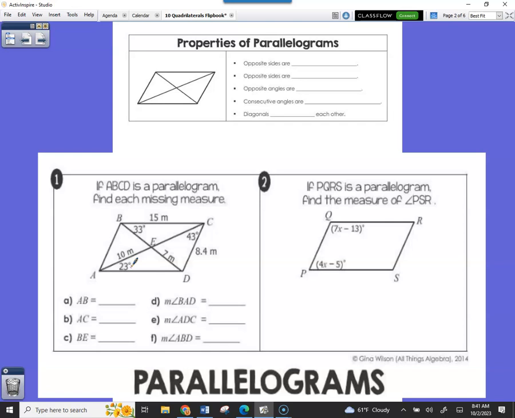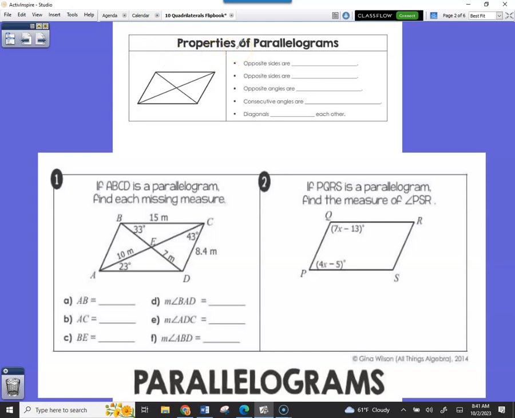The shape parallelogram encompasses what we're going to talk about later this week, okay? Parallelogram is the umbrella term for some other types of shapes that we're going to talk about. Today, though, we're just going to focus on parallelograms.